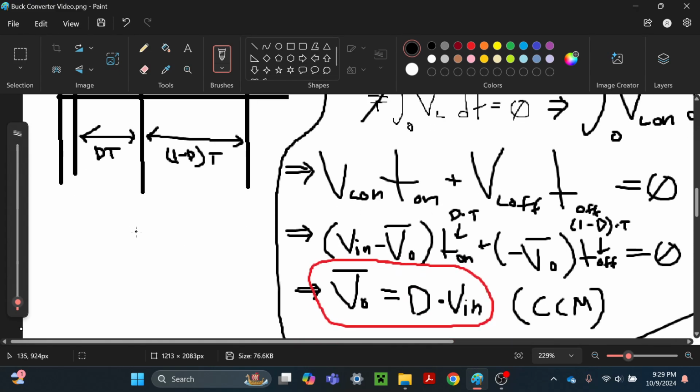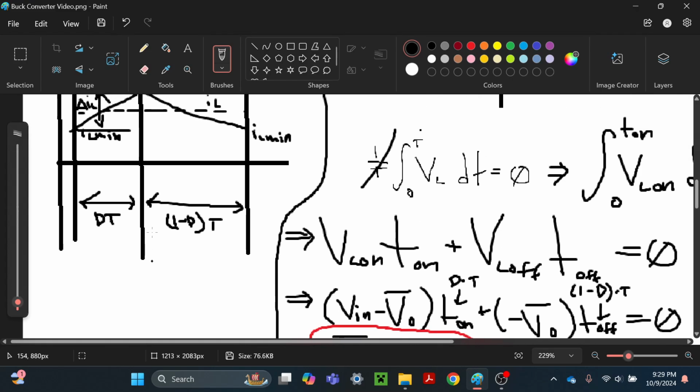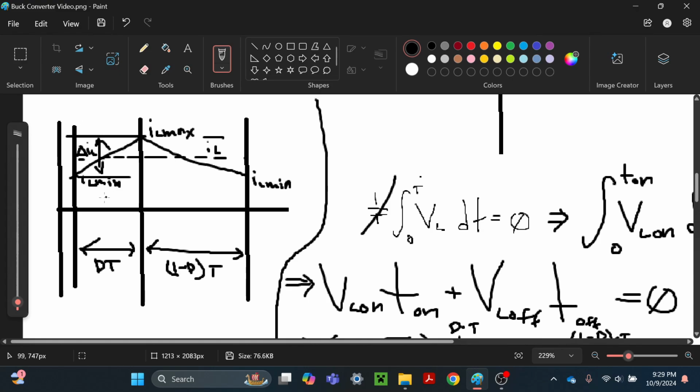Okay, so IL average is actually going to be the average value over this period T of these two trapezoids right here. This trapezoid and this trapezoid.